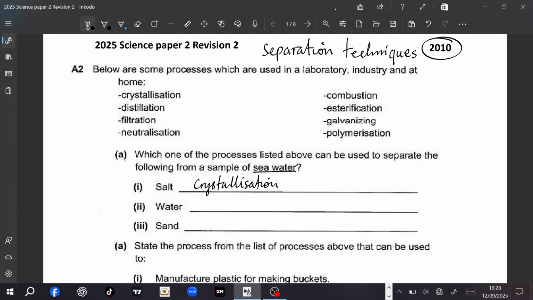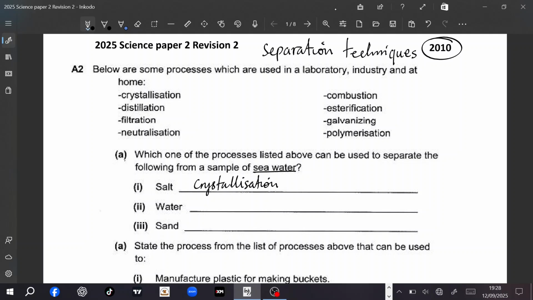Then how can you separate water from seawater? Seawater is again a mixture. It has a lot of components, like salt, and it can also have solid particles and different types of ions dissolved in it. So how can you extract water alone?